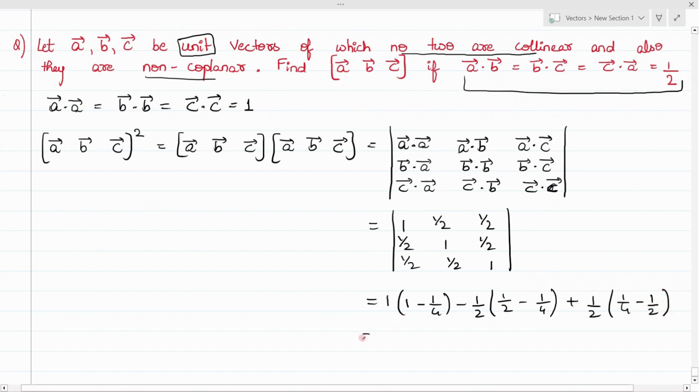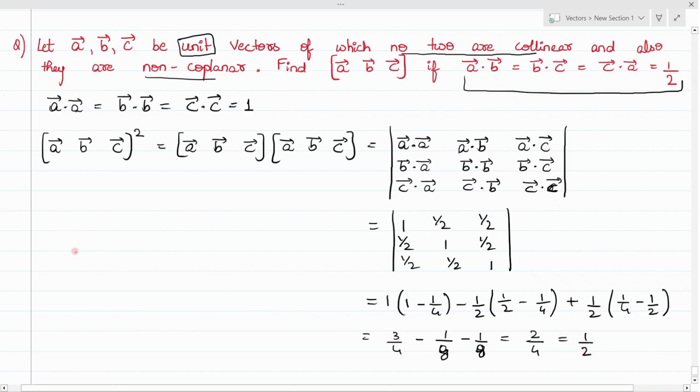You will get it as 3 by 4 minus 1 by 8 and here also minus 1 by 8. We'll get it as 2 by 4, that is 1 by 2.